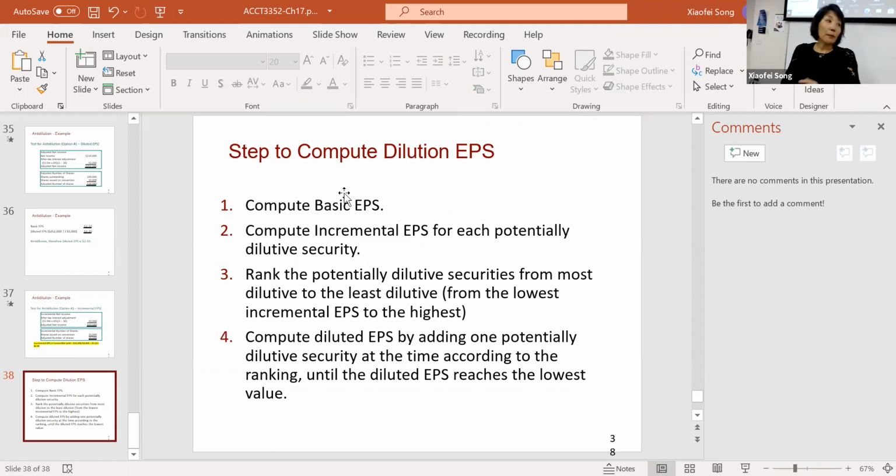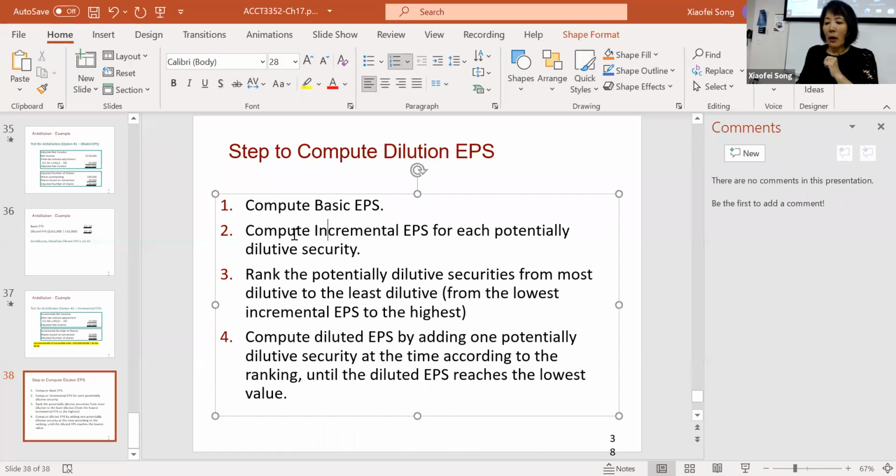First you compute basic earnings per share, so you have earnings available for common and the weighted average of common shares, because that could be complex as well. Then you compute the incremental earnings per share for each potentially dilutive security, just like we did for that convertible bond. What is the incremental earnings per share for options and warrants?